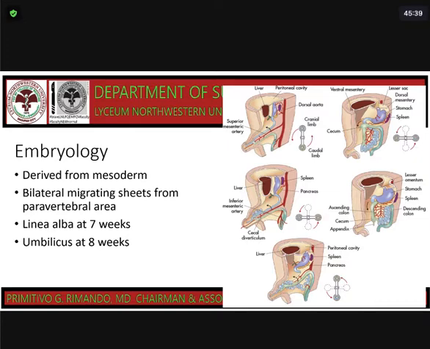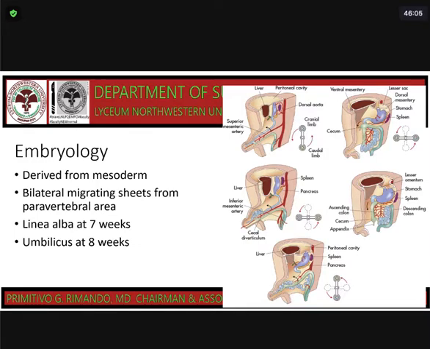We also have to review our embryology. We know for a fact that our anterior abdominal wall is derived from mesoderm, and these actually are bilateral migrating sheaths. They come here from the paravertebral area, and they start to fold.